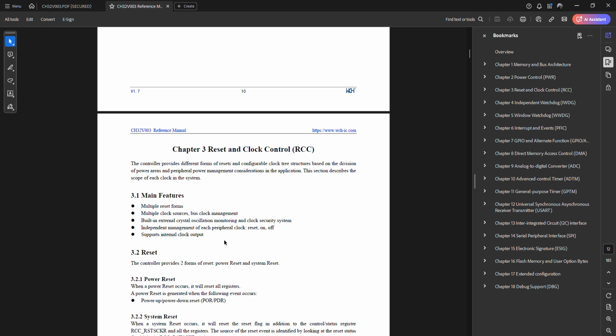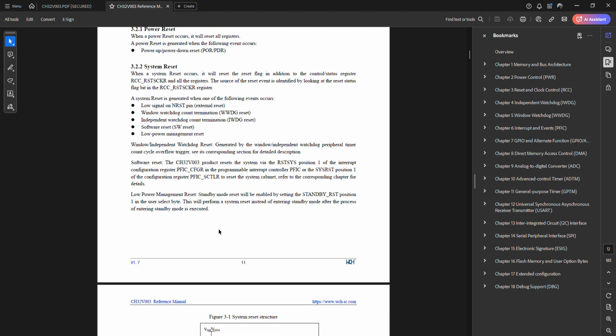But I will rather say that they have tried to mimic the properties of the hardware of STM32s. And once we go deep down into the coding section, we will see how similar this is.